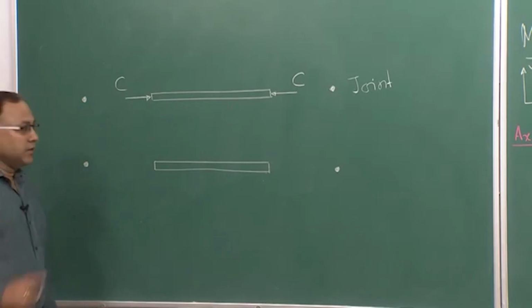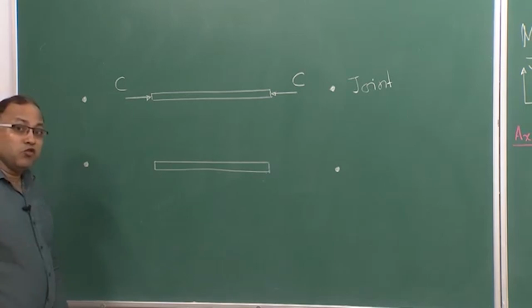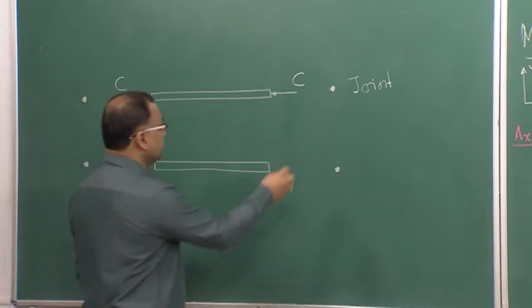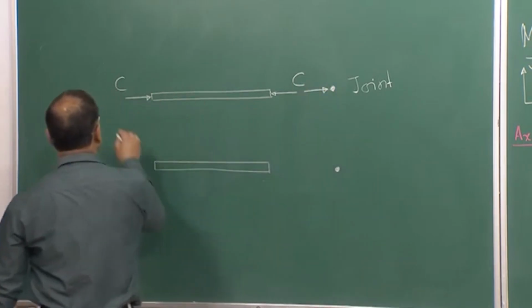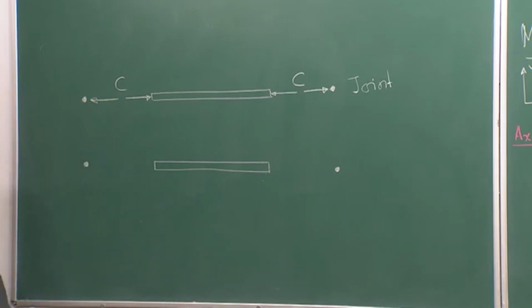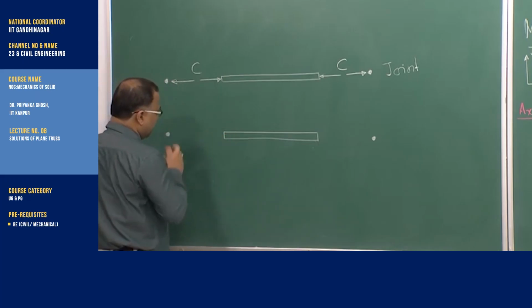then from our previous discussion, what will be the direction of force on the joint, just equal and opposite. This will be the direction of force on the joint. Agreed? So, no doubt. Okay. Now, I am saying this member is under tension.